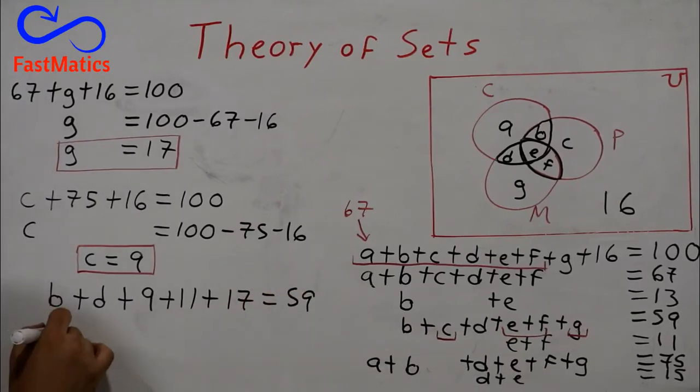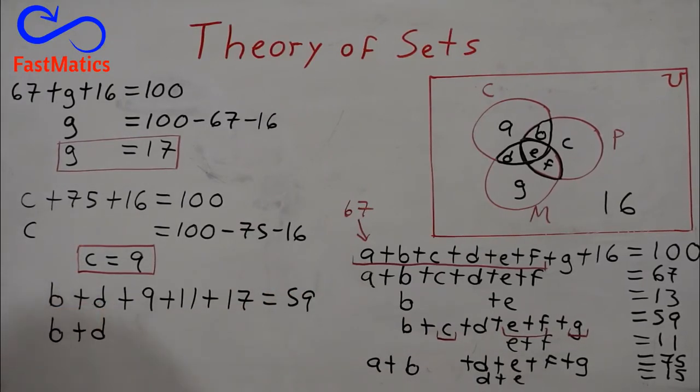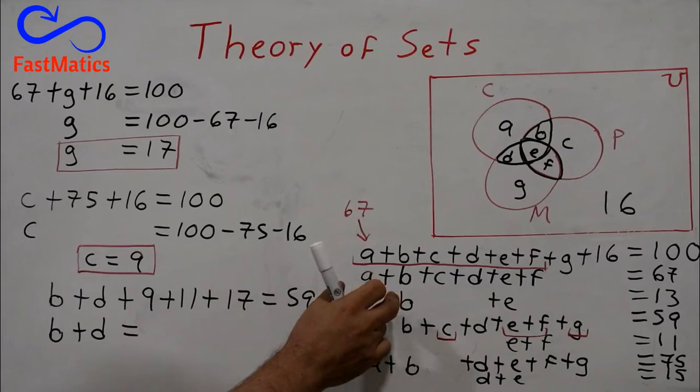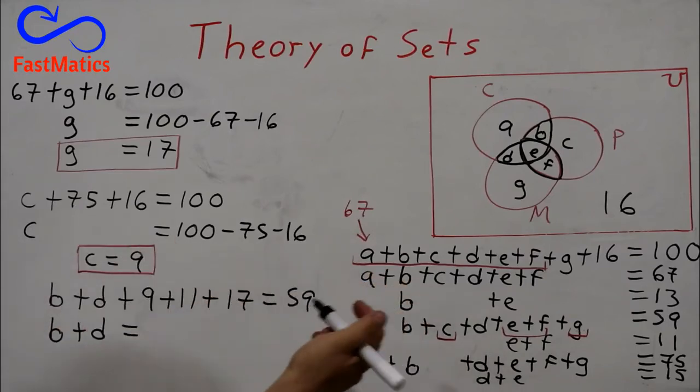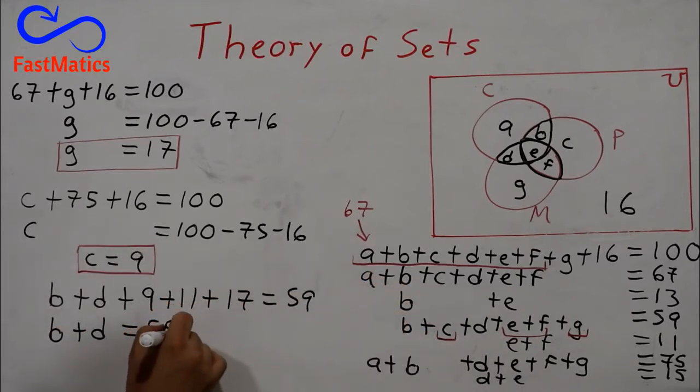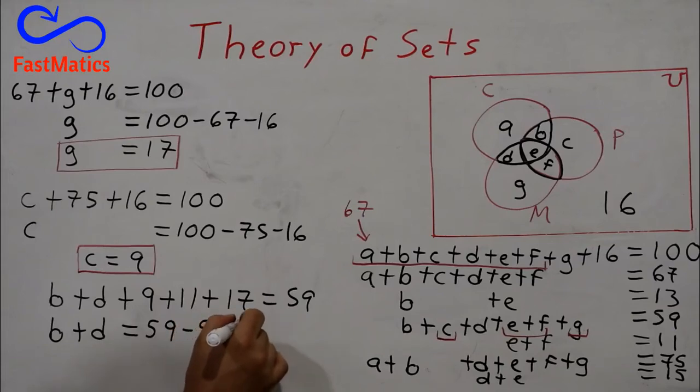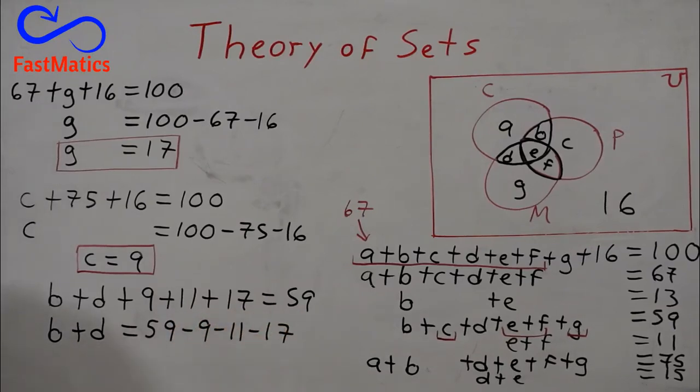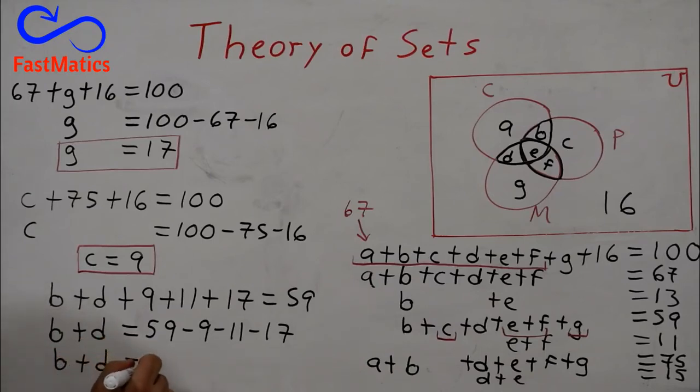Then I can write B plus D is equal to, and all numbers are going to pass with the opposite sign to the other side. 59 minus 9 minus 11 minus 17. Then we can see that B plus D is equal to 22.